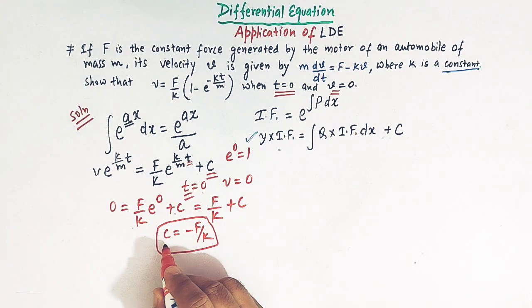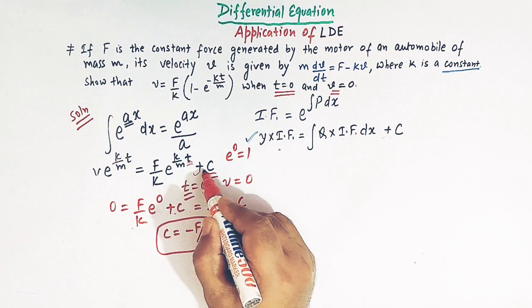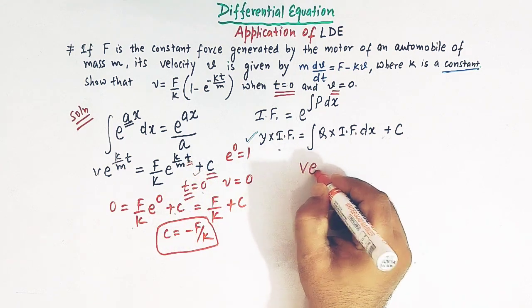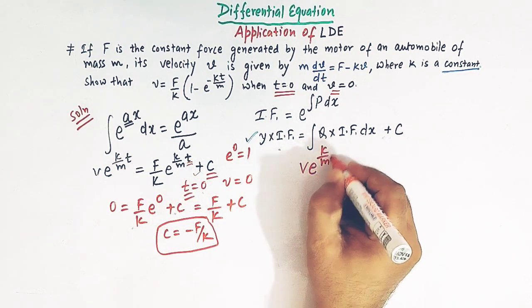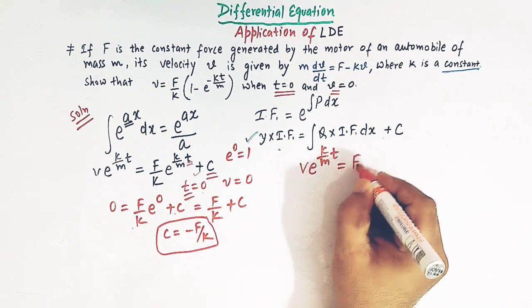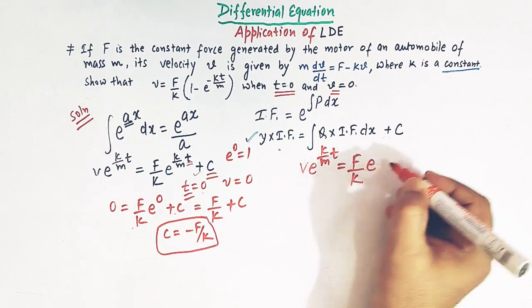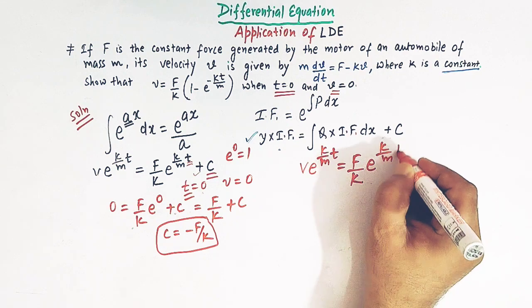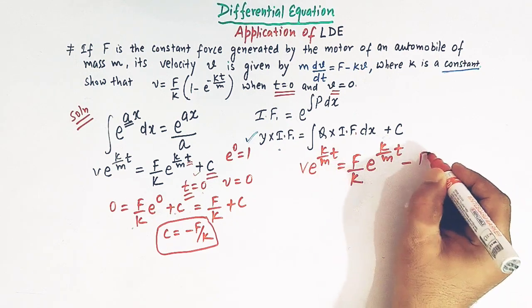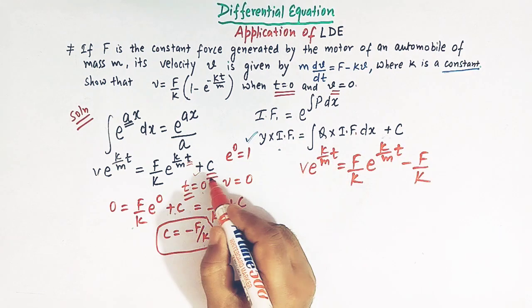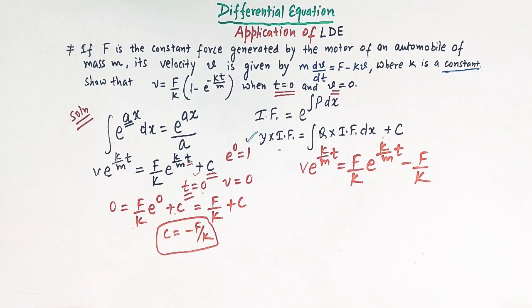So now let us substitute this value of c in this equation. So we have v e raised to k over m t equals F over k e raised to k over m t, and for c we have minus F over k.